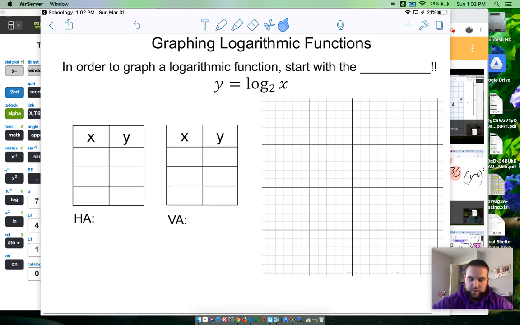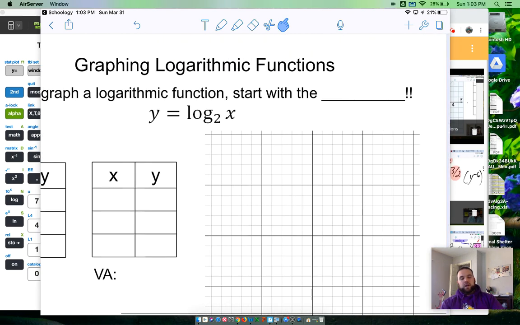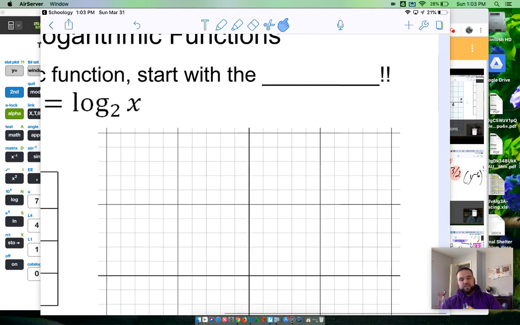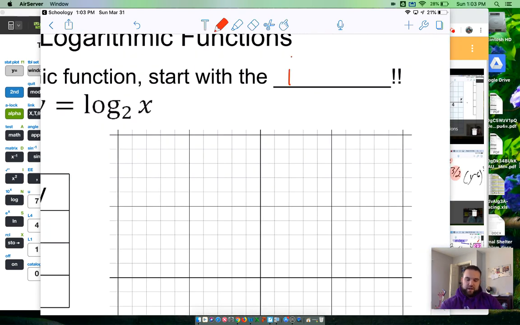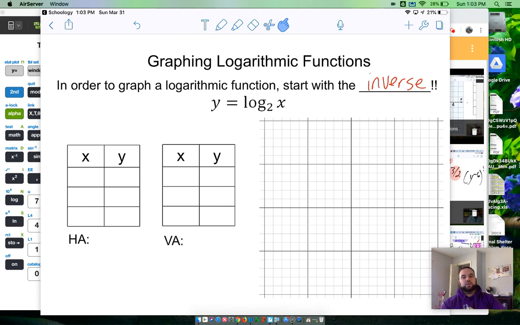Moving right along. One of the things now we're going to do is graph the logarithmic function. In order to do this, I can't stress this enough, we're always going to start, and this is kind of goofy, with the inverse. We're going to graph the logarithmic function by starting with the inverse of it.